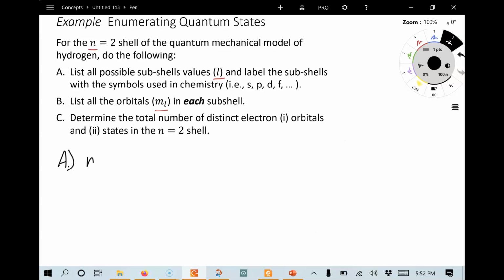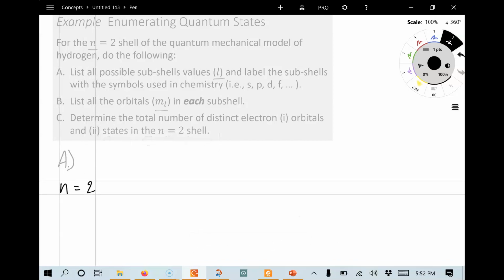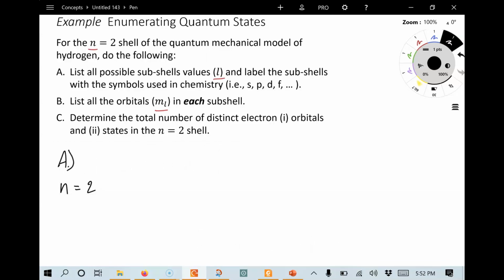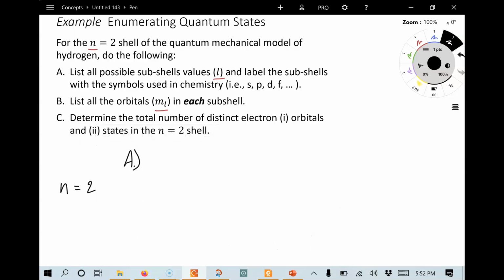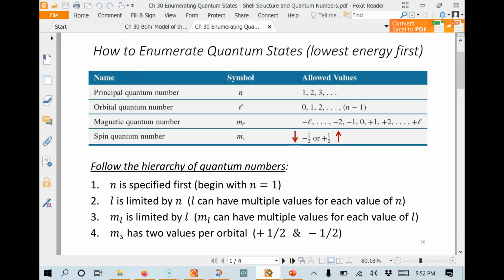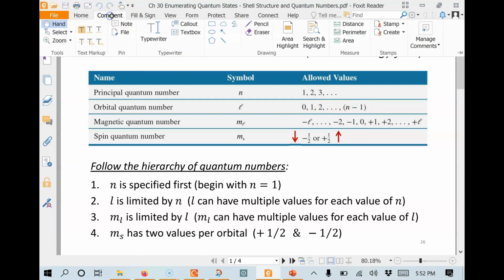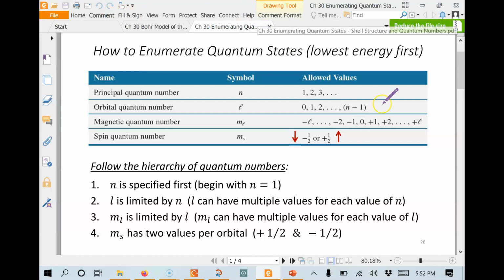So n equals 2. I'm going to put it right down here below. What values of L can we have here? Well, let's go look and see what it tells us. The allowed values are, I can go from 0 up in integer values, 0, 1, 2, up to n minus 1. For us, we're looking at n equals 2, 2 minus 1.